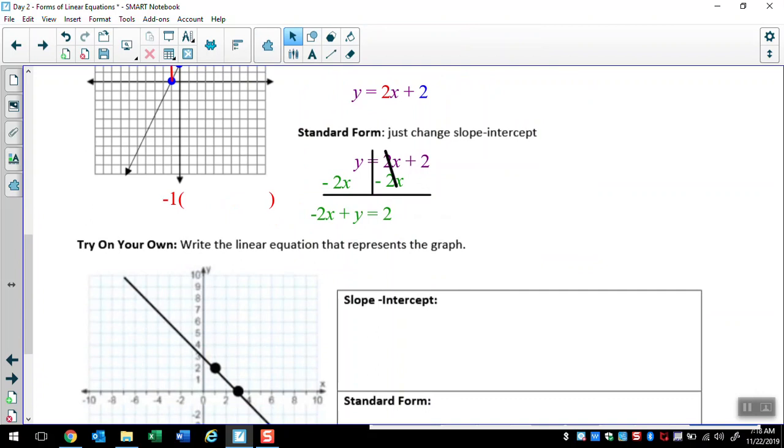A cannot be negative. And so they're all whole numbers, but A is negative. So I need to fix that. To fix that, I'm going to multiply the whole thing by negative 1. So again, not just the first term, but every single piece in the equation has to be multiplied by negative 1. When I do that, negative 1 times negative 2 is a positive 2. Negative 1 times y will give me negative y. Negative 1 times 2 gives me negative 2. So here's my standard form equation.